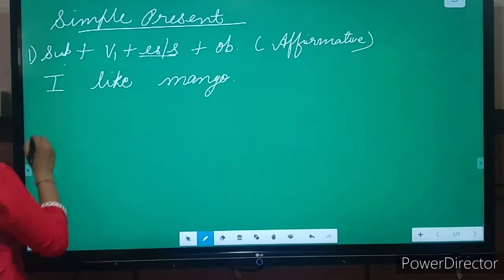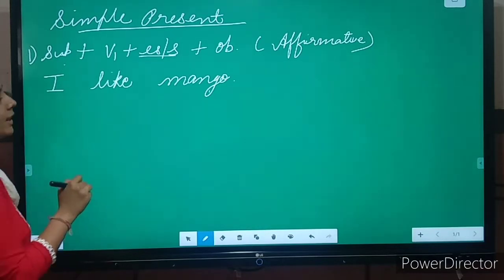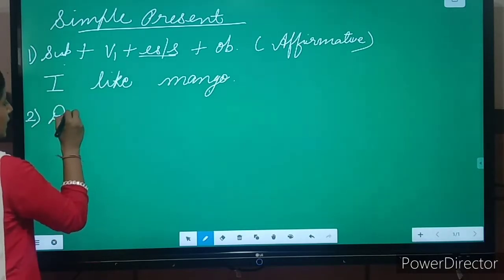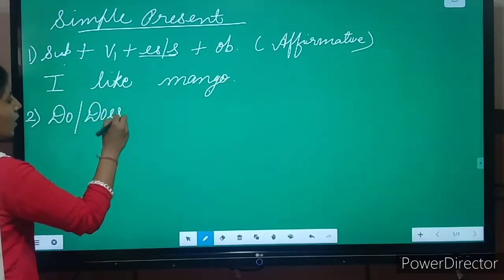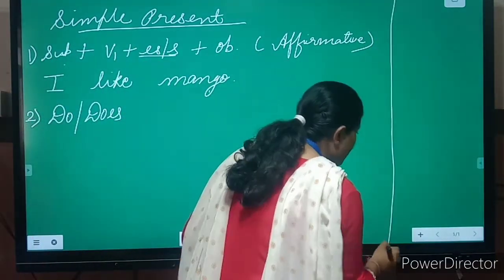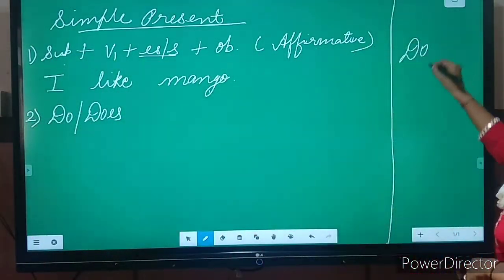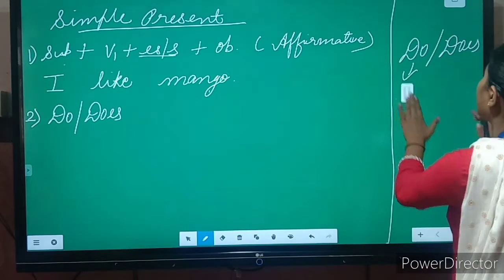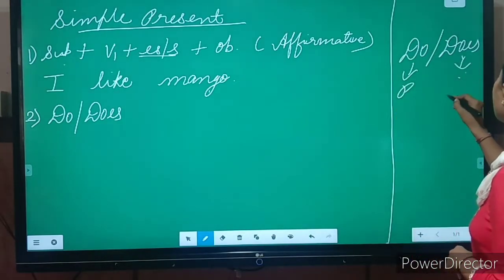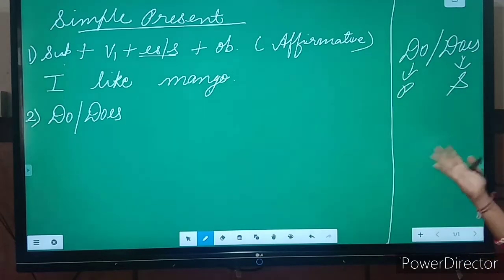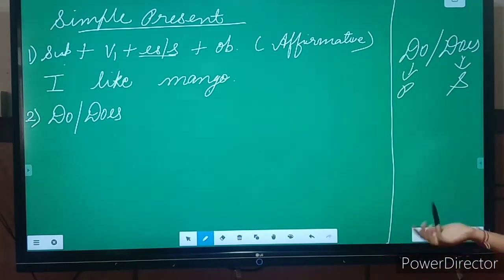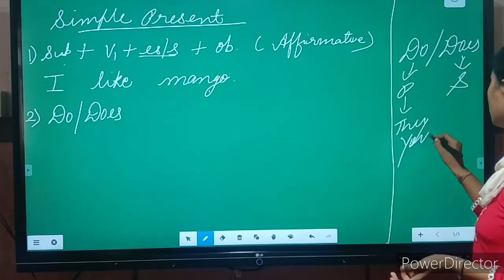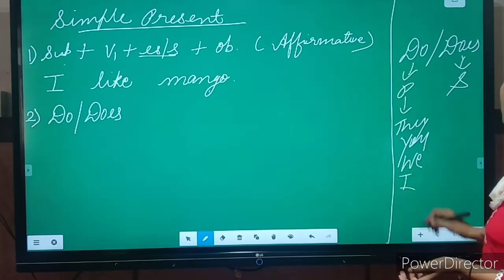Clear? Now to make it interrogative, what you have to do, you will write do or does. So students, do or does are the verbs we use in present simple tense. So where to use do and where to use does? Students, we use do along with the plural subject and we use does along with the singular subject. Plural subjects, for example, they, you, we, and I also comes under it.